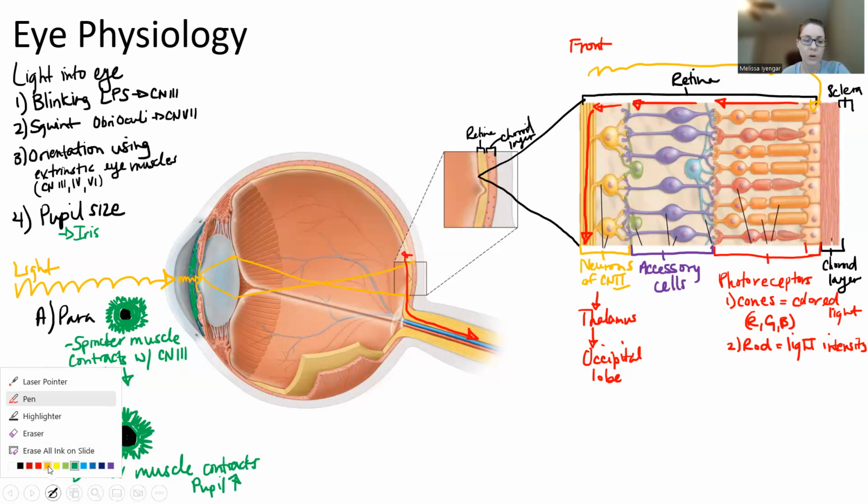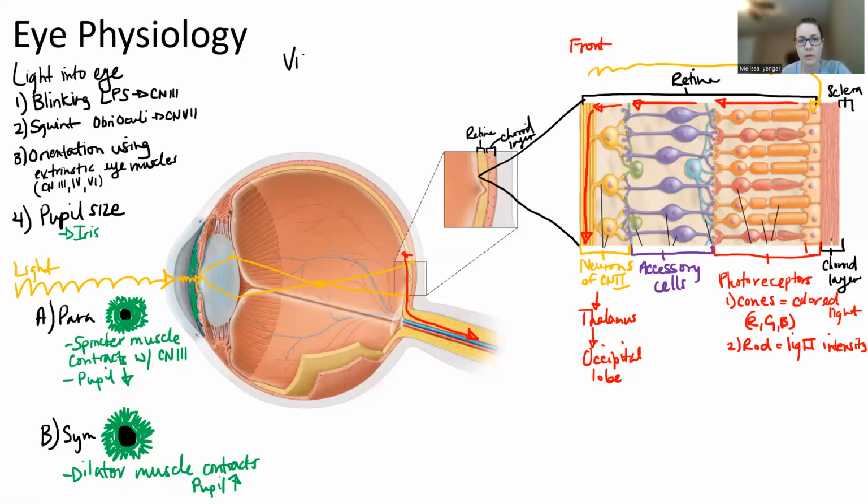And then to figure out what this focal length is here or how to make sure that our image ends up in our retina on the back, we're going to have to change the lens. So when we change the lens, this is called visual accommodation. And at the top, I'm going to put parasympathetic stuff.